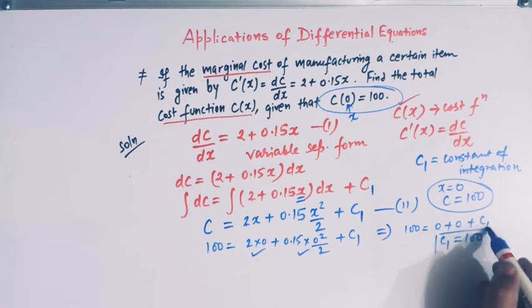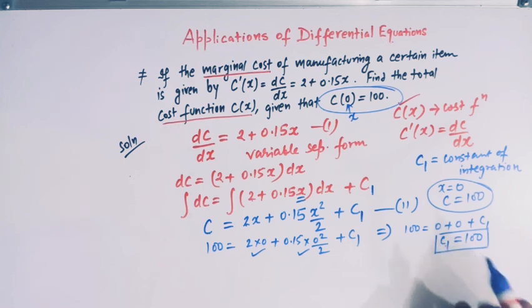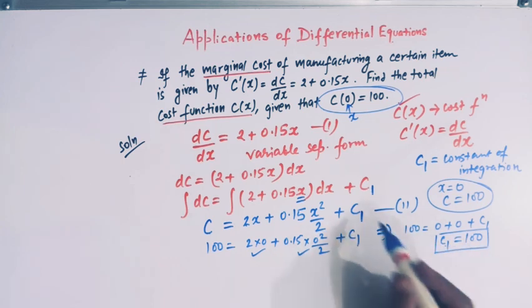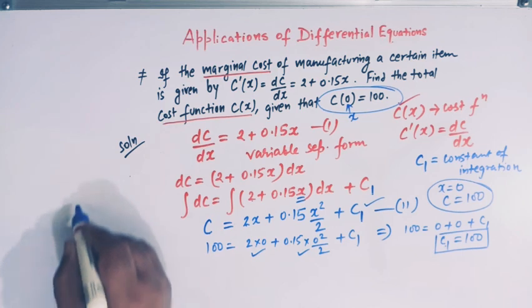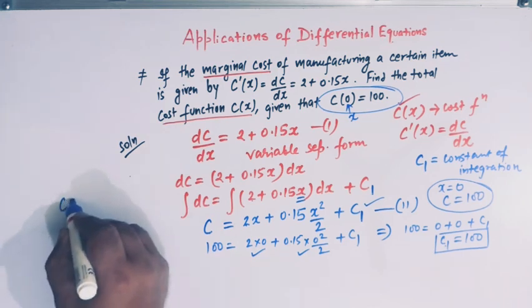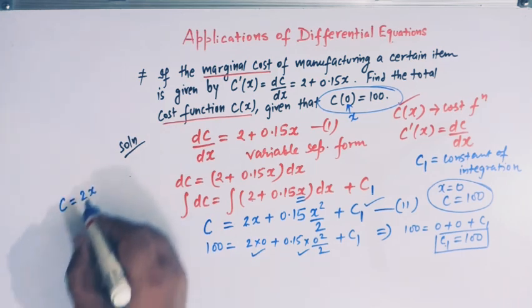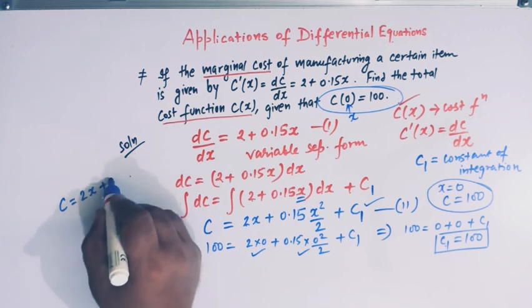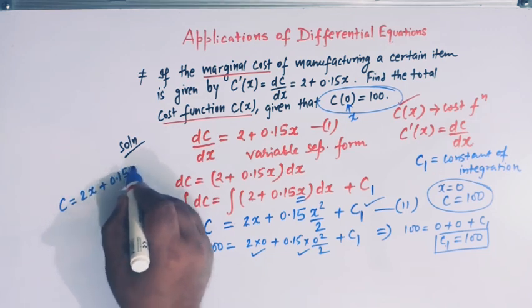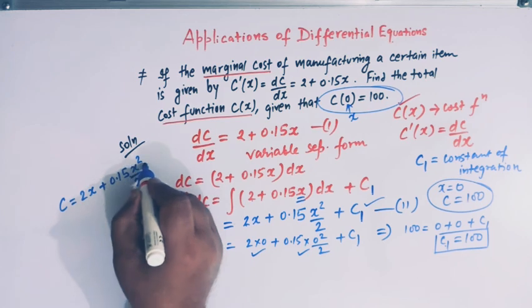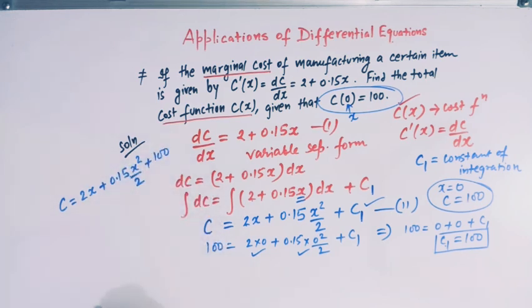Now substituting the value of c1 equal to 100 in equation number 2, we'll get c is equal to 2x plus 0.15 x square by 2 plus 100, right?